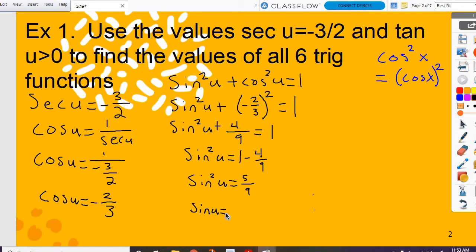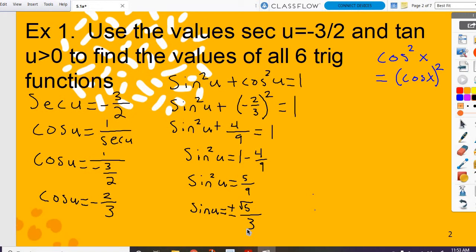So when we square root things in an equation, what do we have to add? Plus and minus. And now remember, just like when we square something, when we square root it, we can do it to the top and the bottom separately. So we get the square root of 5 over 3.